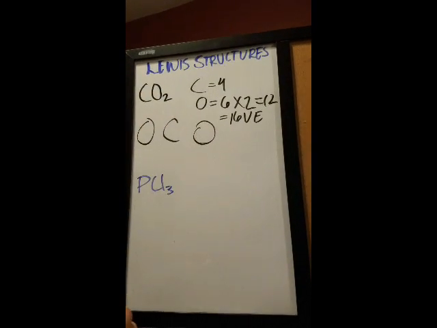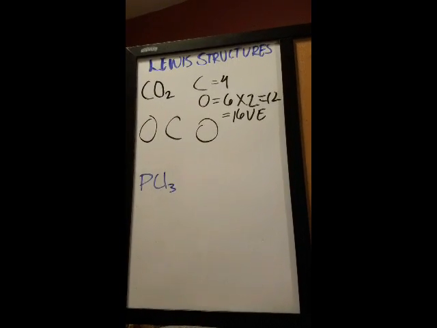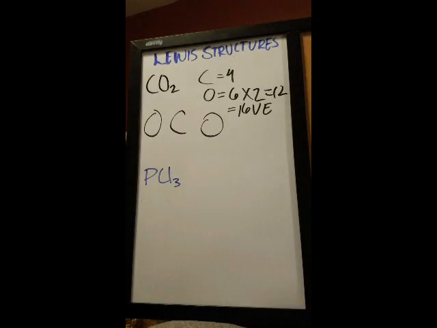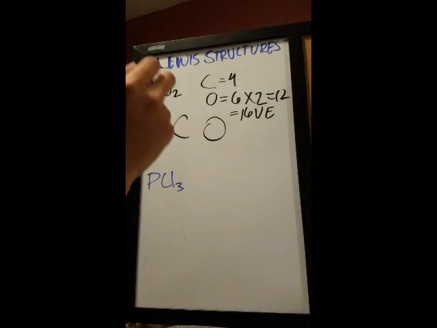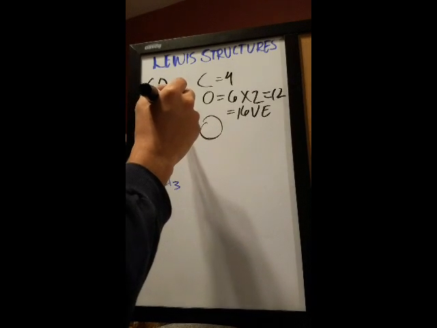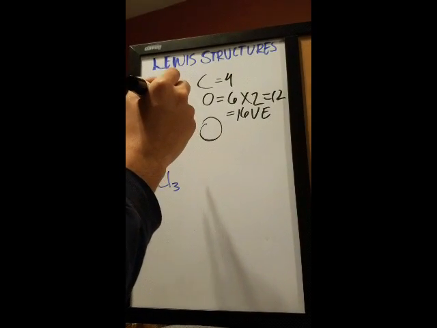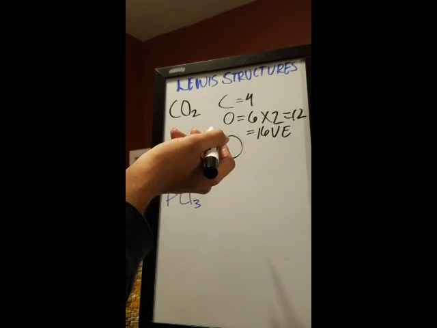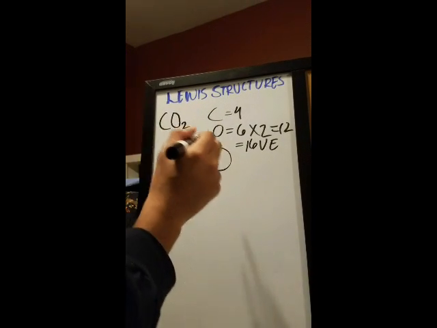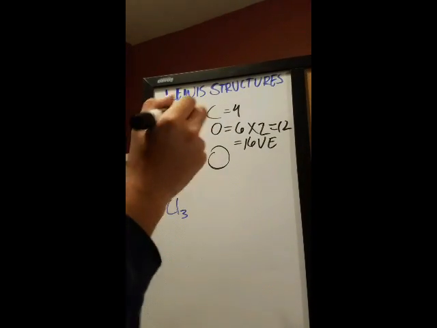The next thing we want to do is use our 16 valence electrons to form bonds between the carbon and oxygen atoms. What we know is that carbon can form either 2 double bonds or 4 single bonds. And there's only 2 other atoms, so it's probably going to be 2 double bonds.